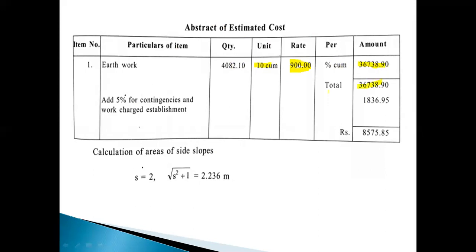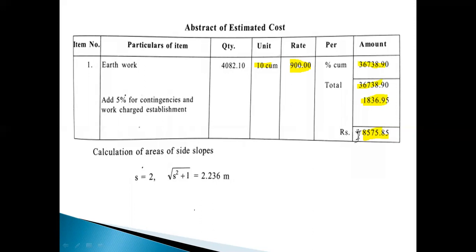Add 5% contingencies and work charged establishment of 1836, and the total value is 38,575.85.